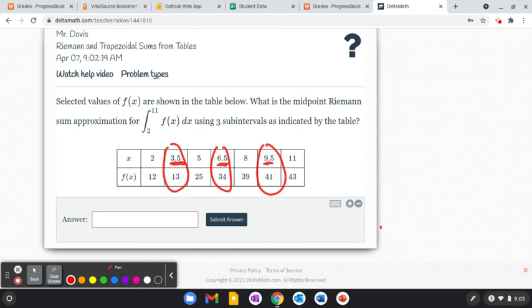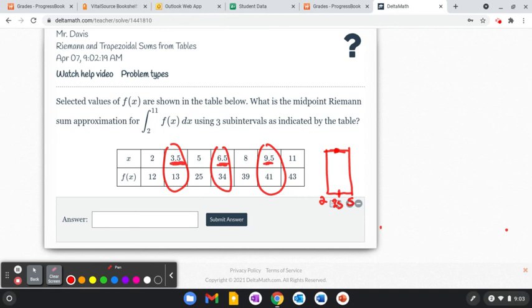Because remember when we're doing the midpoint, we want to choose the middle of the x values. If this was 2 and this was 5, then we use whatever the middle value there, 3.5, is to determine the height. So we don't use the left or the right to determine the height. We choose the middle of those 2 to determine the height.